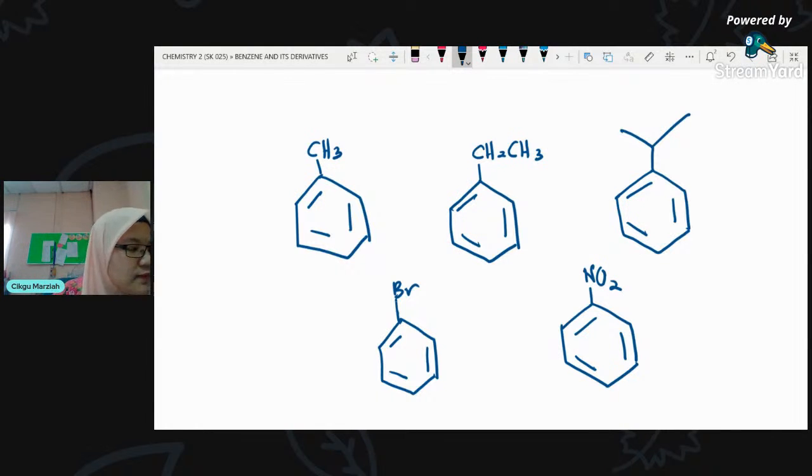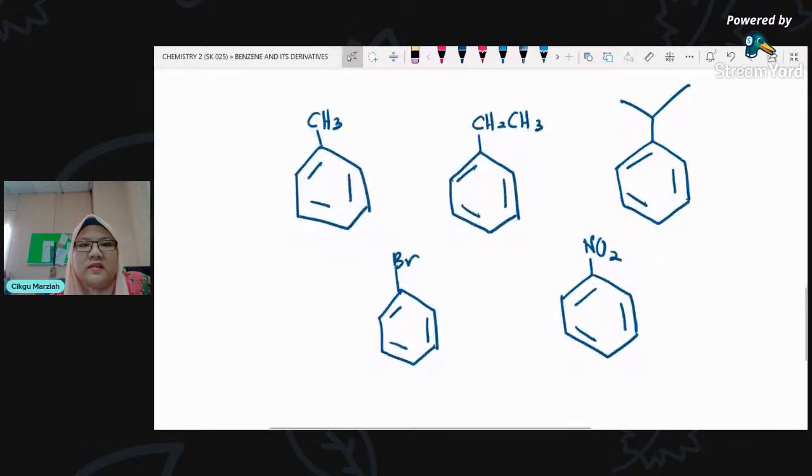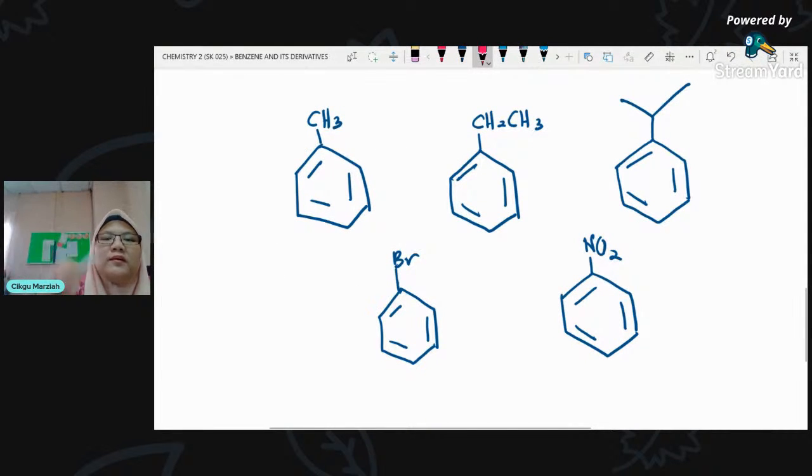Okay, so let's look at the first example. So this is my first example, this one. Okay, now it contains one substituent dan ada tak dalam list of the common names accepted by IUPAC same structure like this? Ada kan? Which is the first one. So yang ini kita boleh namakan dia sebagai toluene. Sebab dia ada structure sama macam yang saya dah bagi tadi yang minta awak hafal tu.